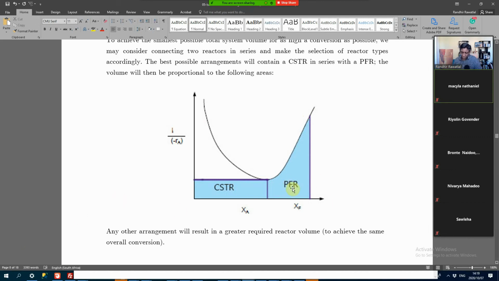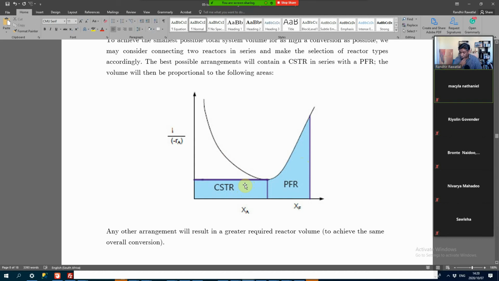So PFR and batch do perform better in this region. But if you tried to use a PFR here, you see you have all this extra space.